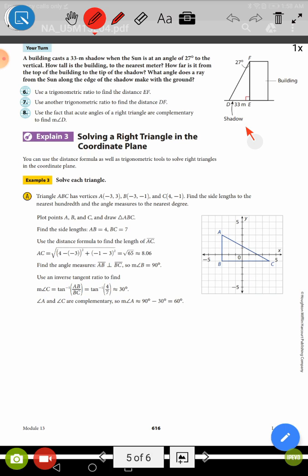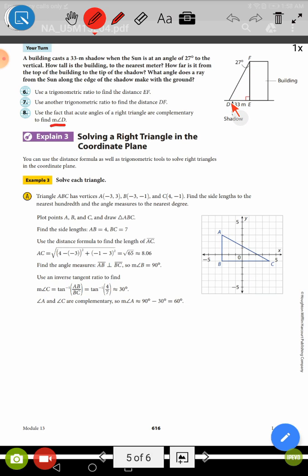Okay, here he asked me to find FE. Inside that triangle we have that angle, so we can find angle D. How? You can use 180 minus 90 plus 27, or we can use 90 minus 27, because F plus D is 90.